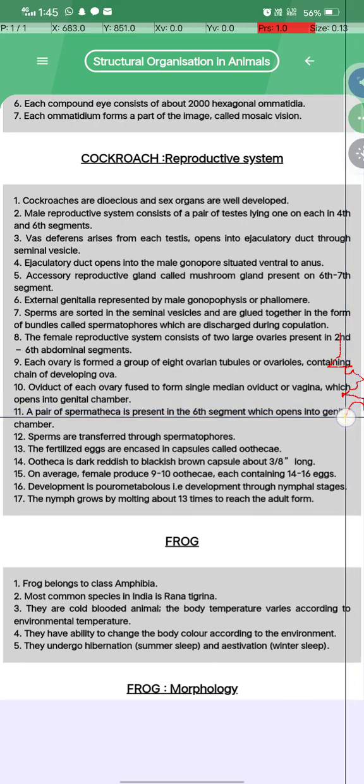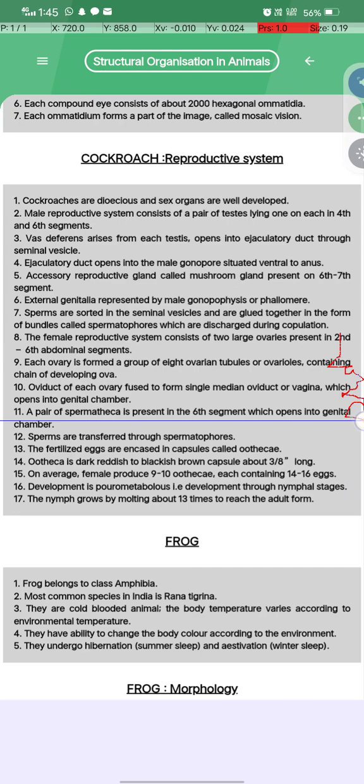A pair of spermatheca is present at the sixth segment, which opens into the genital chamber, and sperms are transferred through the spermatophore. The fertilized eggs are encased in a capsule called the ootheca. Ootheca is a dark reddish to black-brown capsule, about 3/4 long.